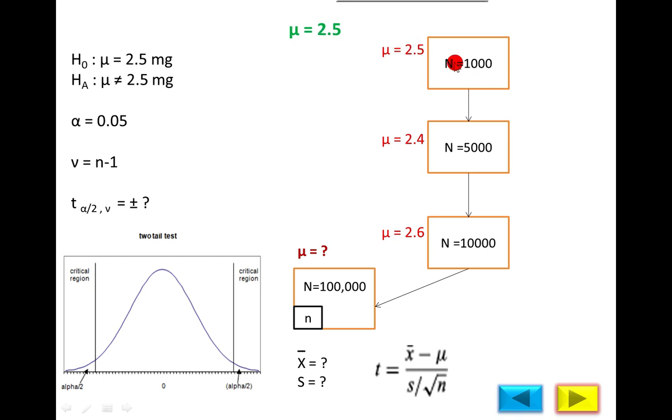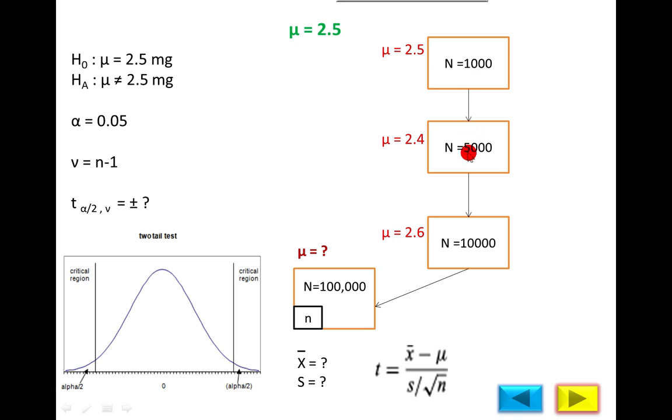So you can say that for this production there is no significant difference, because you are calculating the weight of all tablets, not a single one, all 1000 tablets.